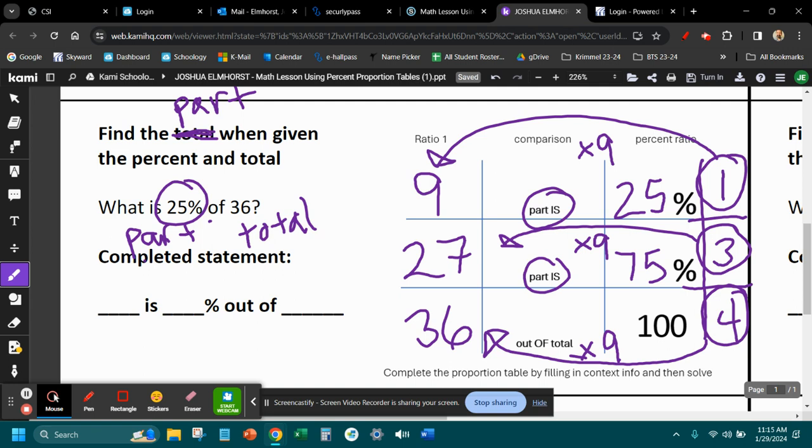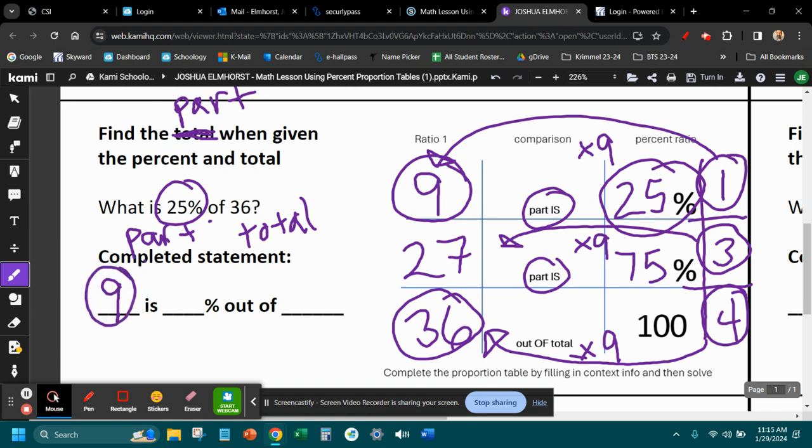Now, looking at our tic-tac-toe board, we started with 25%, we have 36, and now we get to the part that we're looking for. What number is 25% of 36? 9 is 25% out of 36.